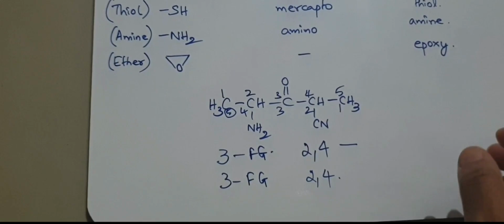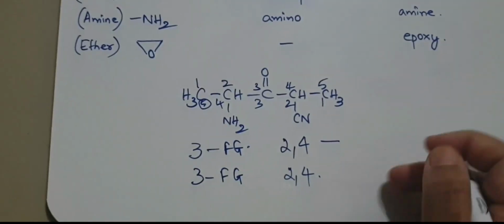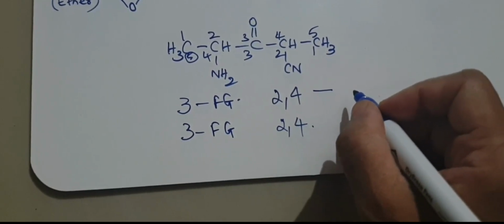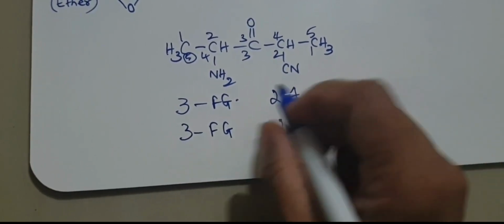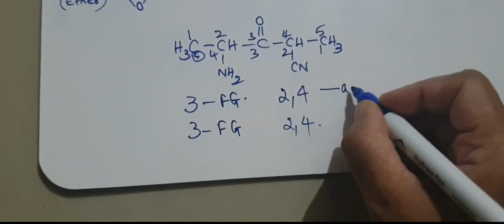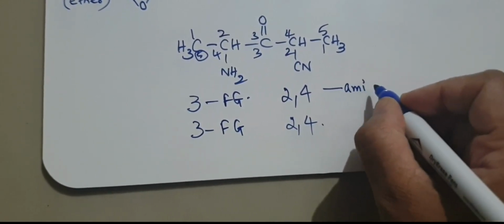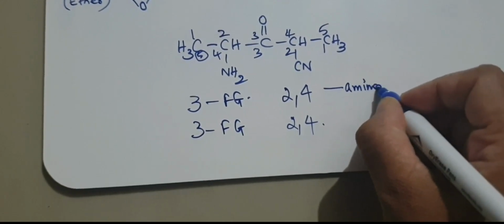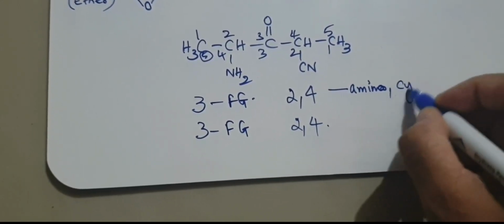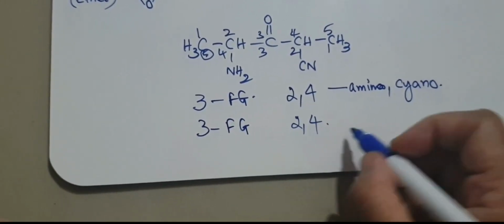So now what we have to do is compare the positions of the two substituents. From the left hand side, if you number, you are getting 2 as amino and 4 as cyano.